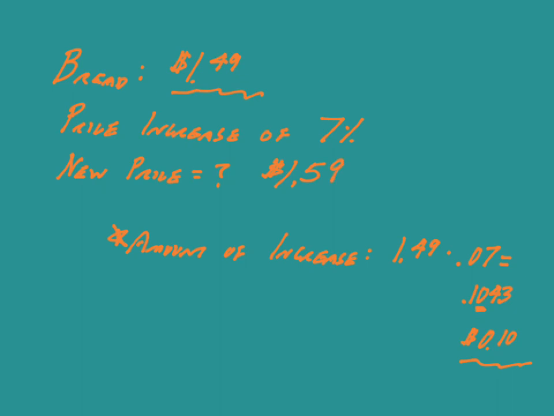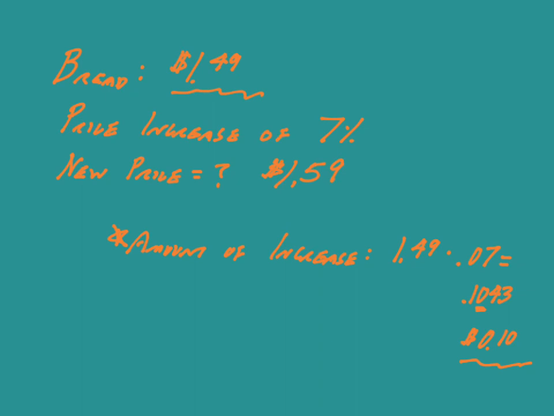Now that might not seem real significant, but think about 10 cents and think about 100 loaves of bread sold in a day. So that's $10 more right there. Or think about 1 million loaves being sold.